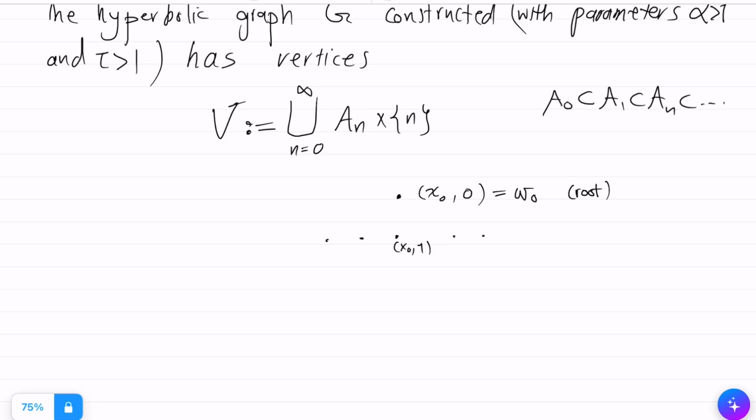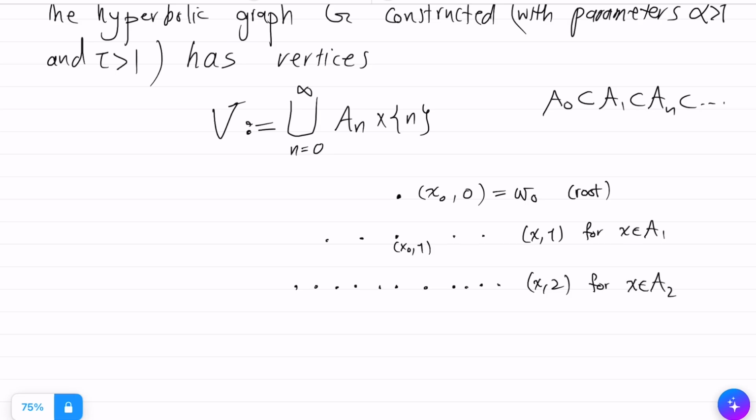It could already be all of X1. So there will be a bunch of x, 1s for x in A1. And the next one will be previous points plus possibly new points, or also possibly no new points. So these will be all x, 2s for x in A2.